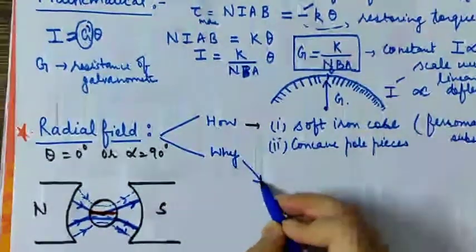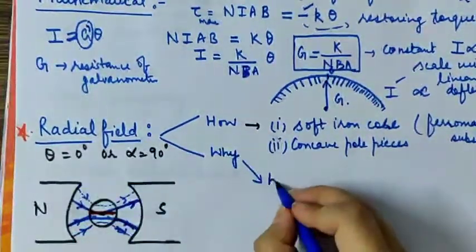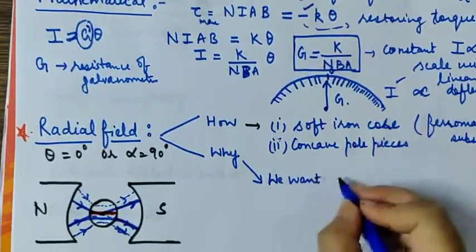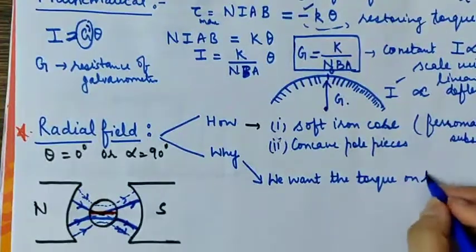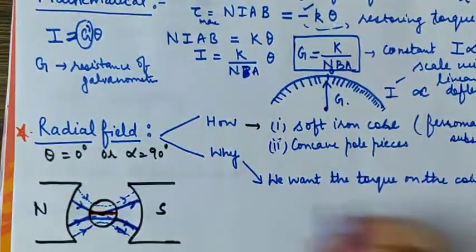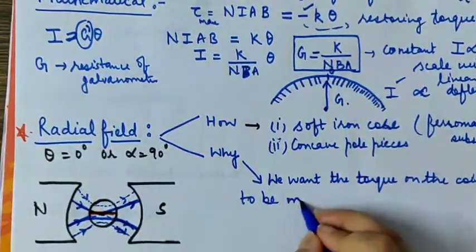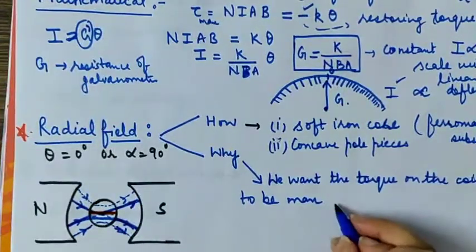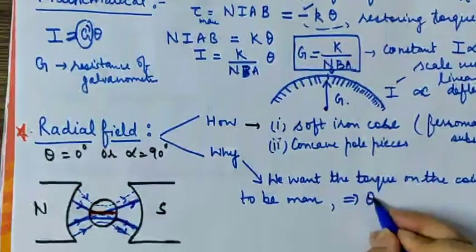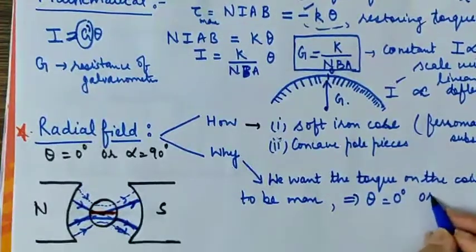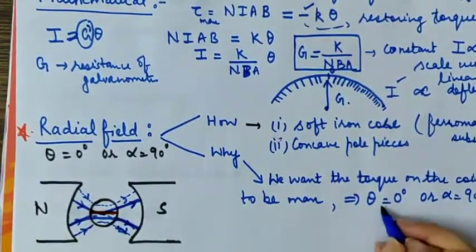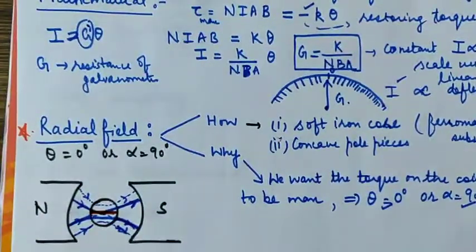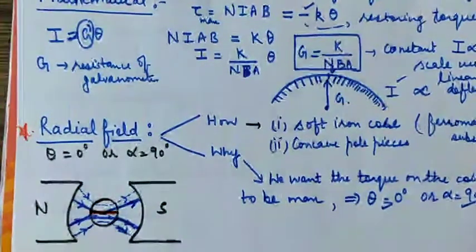And why is the field made radial? Again, I have told you, we want the torque on the coil to be maximum. If the torque on the coil is to be maximum, that means we want theta to be 0 degree or we want alpha to be 90 degree, because if any of these cases occurs, then the torque will be maximum.